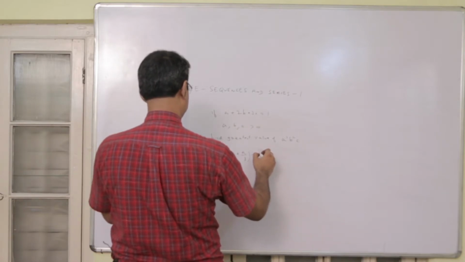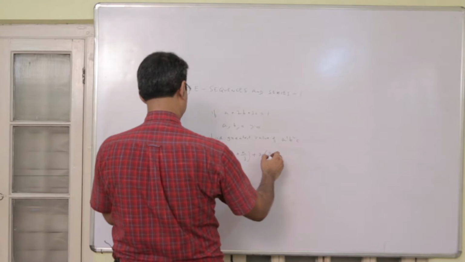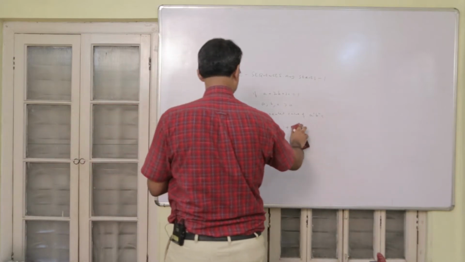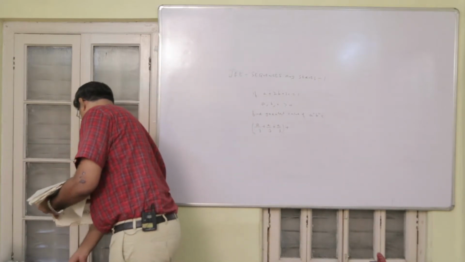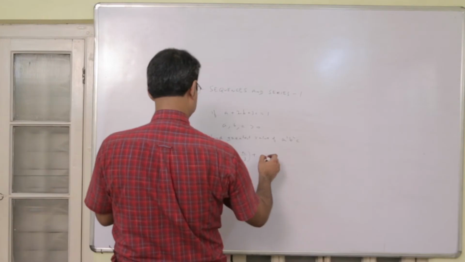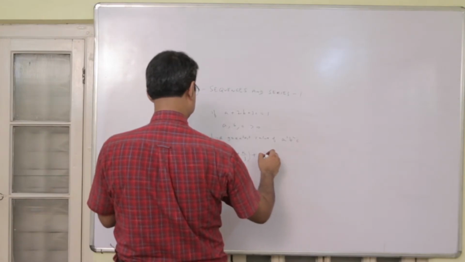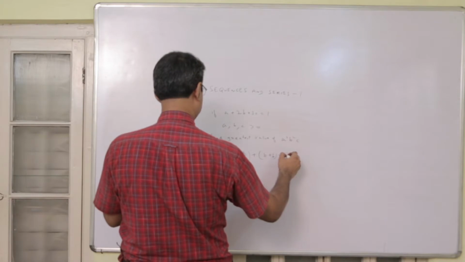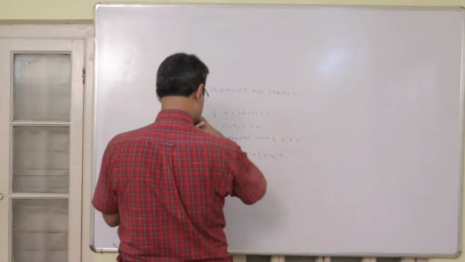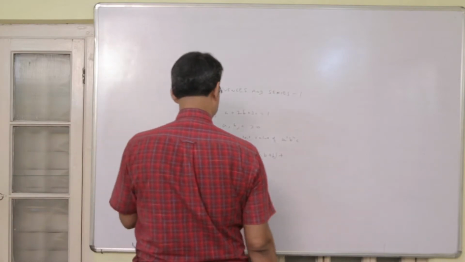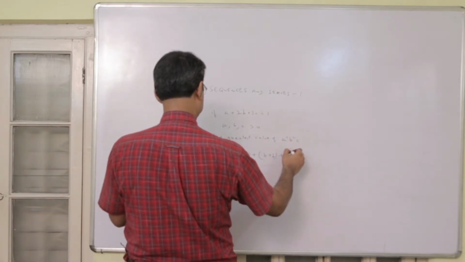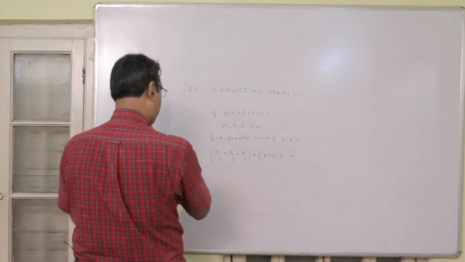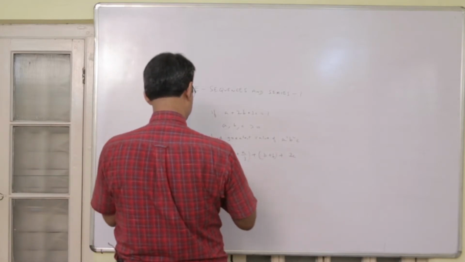Instead of 2b, you write b plus b, and instead of 3c, you just write 3c as 3c.